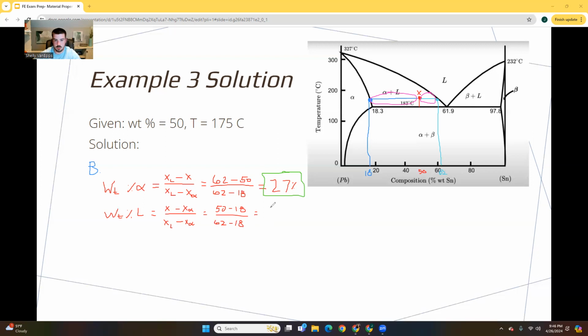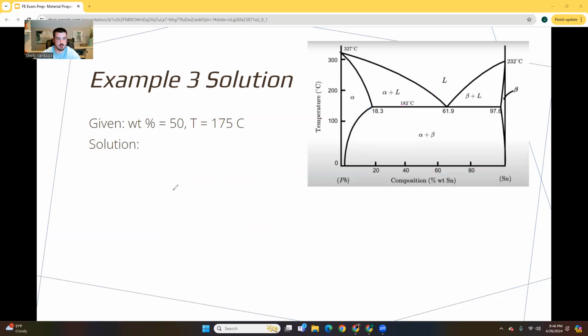After calculating it, we end up with 73%. That's a good sign, showing that we have a confident answer. So clear this, pause if needed, put it on screen, and we will move on to the next slide.